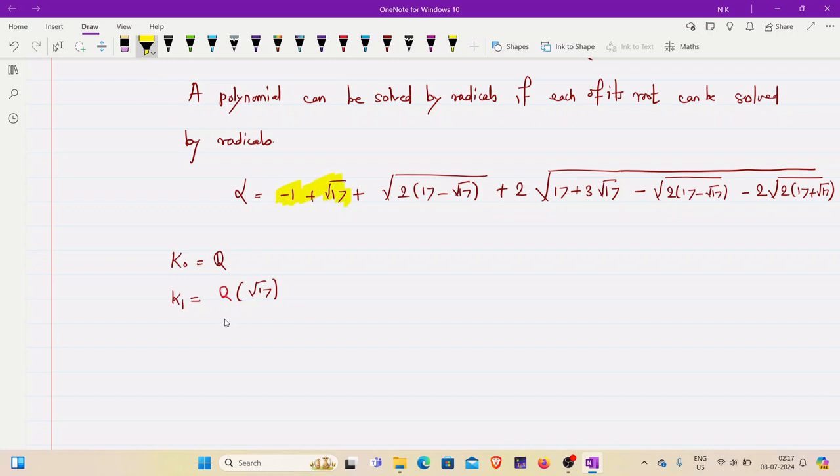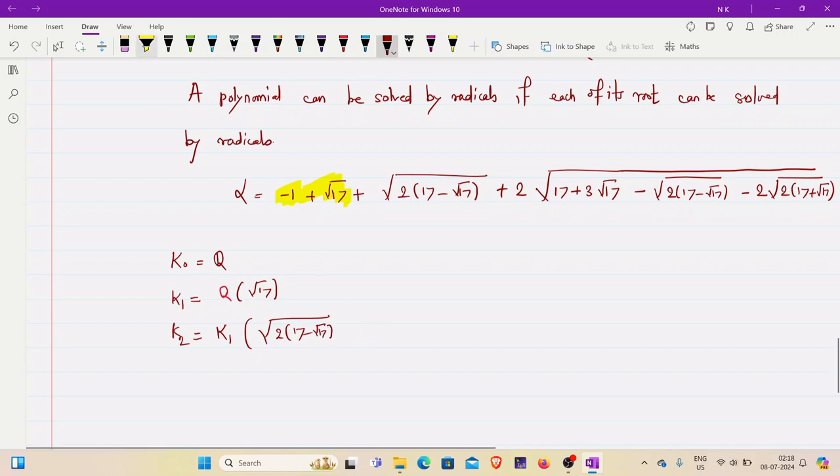So Q(root 17), then we will find the next field K2 by attaching to K1 the next element, that is square root of 2 times (17 minus root of 17). So this particular element is covered now, and finally we will move to the second last field, that is K3.